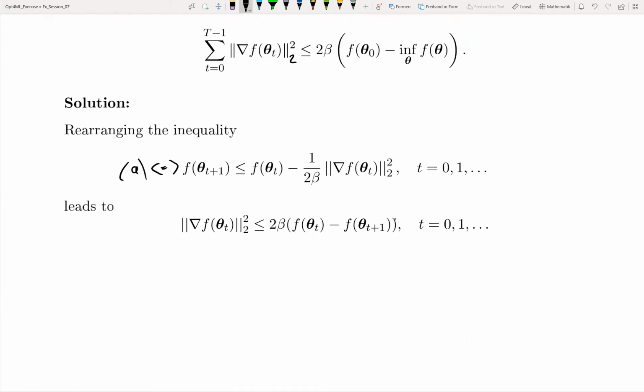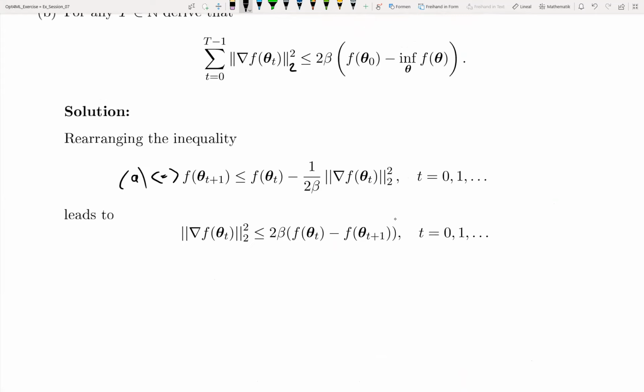Okay, so we rearrange it. What do we rearrange? Well, we bring this here on the right-hand side. We bring this here on the left-hand side.